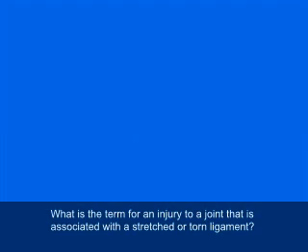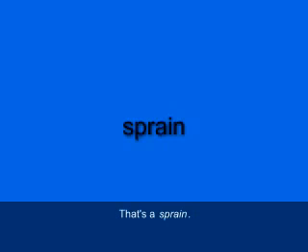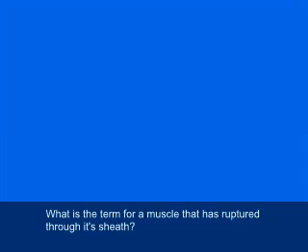And what is the term for an injury to a joint that's associated with a stretched or torn ligament? That's a sprain. And what is the term for a muscle that has ruptured through its sheath?